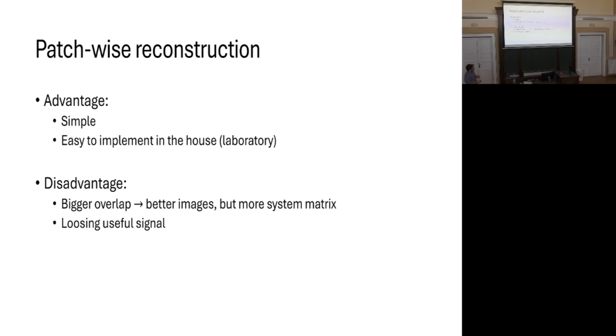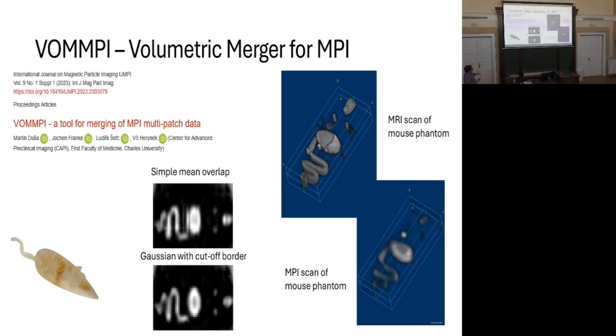Also, you will lose some useful signal that is corrupted by the border artifacts. Then we have, as I say, our own, which is called WOMPI.